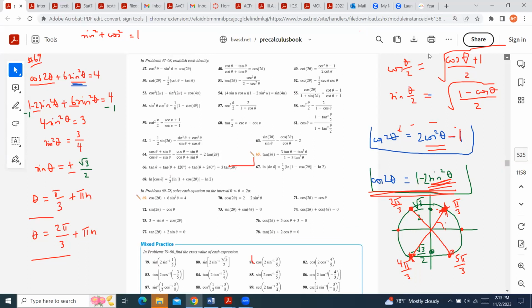So let me get an exercise here and do number 76. I think that's an awesome choice. So let us try 76. That says cosine of 2 theta plus 5 cosine of theta. So it looks like this will be similar to the problem I just did, problem 79.